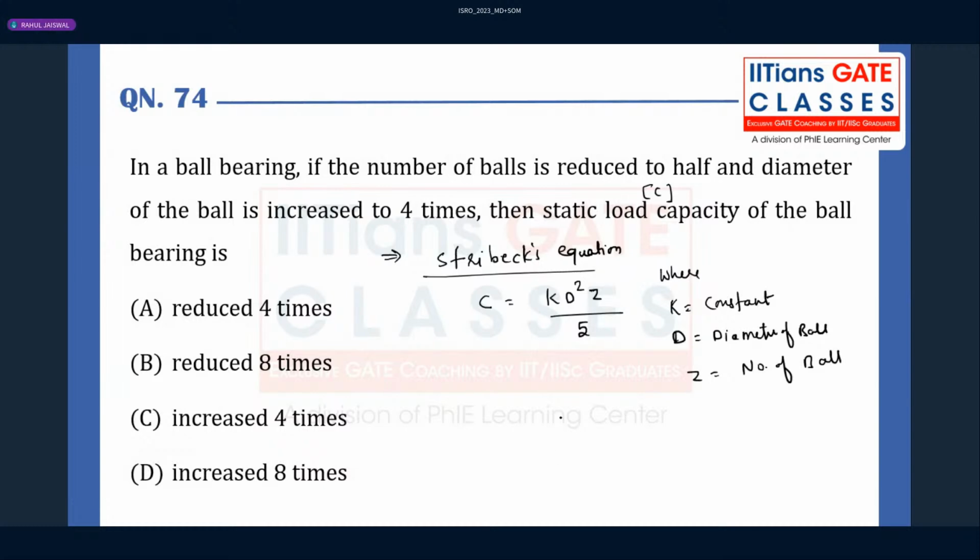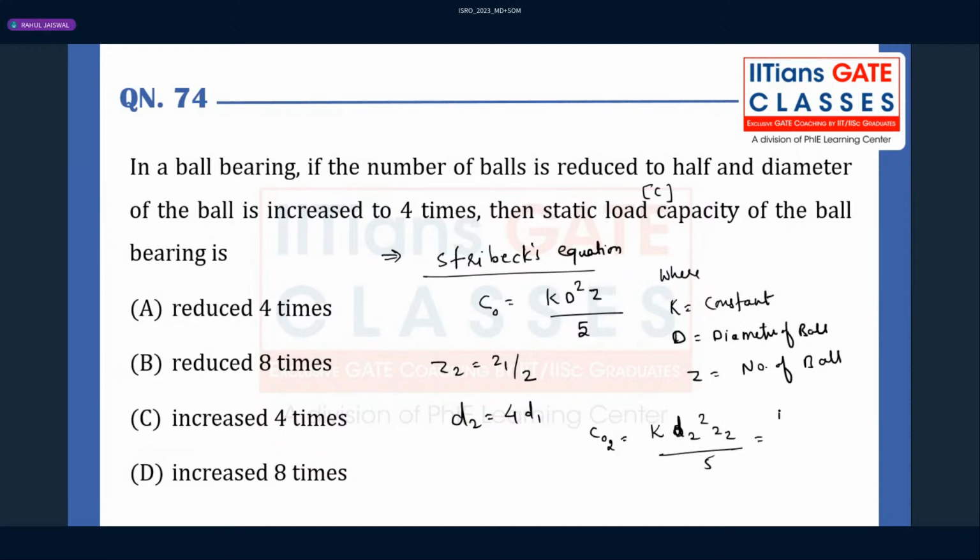I will tell you the meaning of static load capacity, but first we will solve the problem. If in the ball bearing the number of balls is reduced to half, that means Z2 is Z1 divided by 2, and the diameter of the ball is increased to 4 times, then what about the static load carrying capacity? Here C naught we got this much. Then C naught 2 will be K into D2 square Z2 divided by 5.